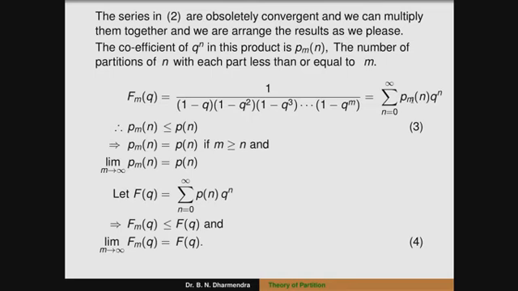If the nth partial sum of the series is bounded and monotonic, then we can say the series converges. So if mod q is less than 1, that is uniform convergence, then we can apply the limit as m tends to infinity inside the series. So first we show that the series converges.